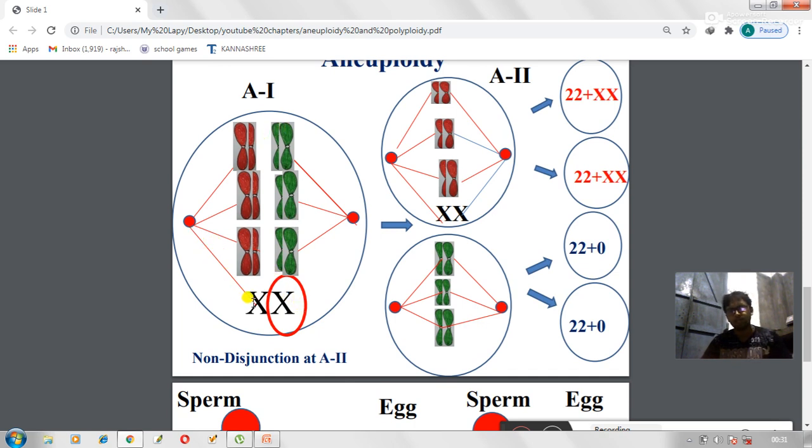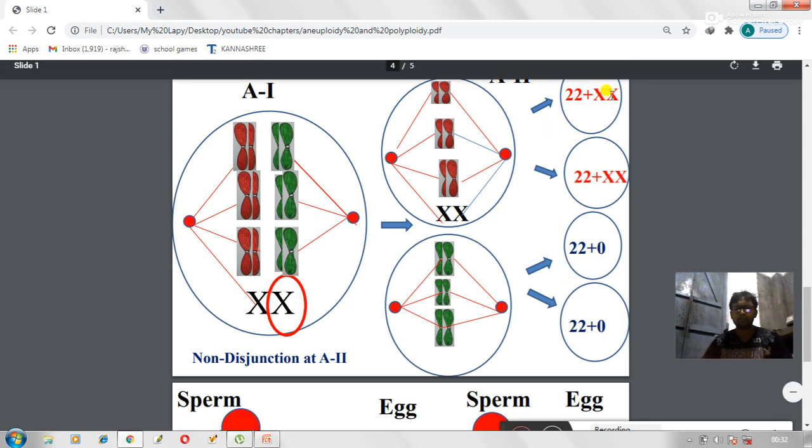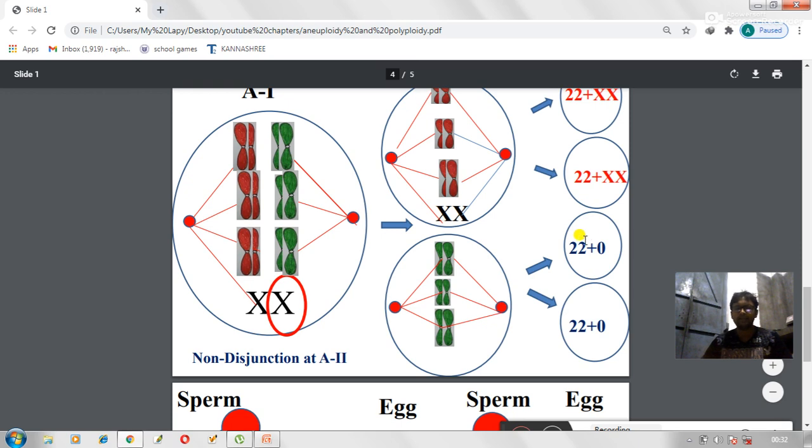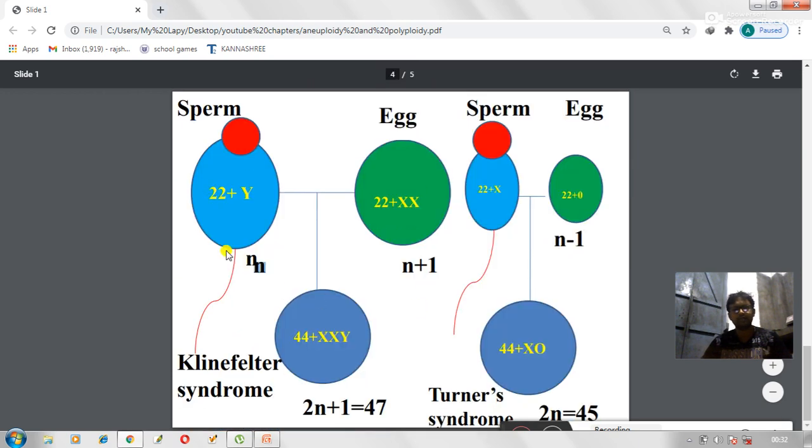If X chromosomes are not properly attached to the spindle fiber and not equally divided into two opposite poles and two different cells after the first meiotic division or during the second meiotic division, an unequal number of X chromosomes will go to different gametes. As a result, abnormality is developed. So in this case, 47 chromosomes. This is called Klinefelter syndrome.